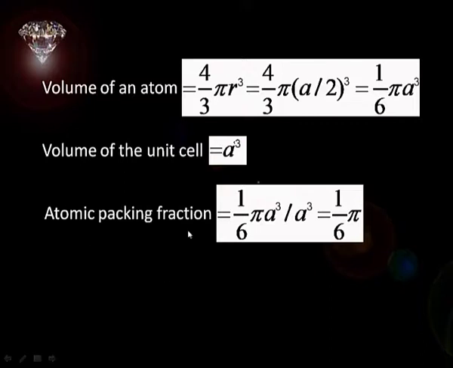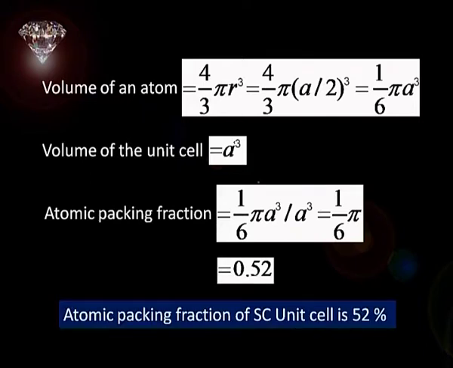So it is 1 by 6 pi A cube by A cube, the A cube cancels, and you get 1 by 6 pi, which works out to be 0.52. This implies that in a simple cubic system, the atomic packing fraction is 52% or 0.52. That means 52% of space is occupied by the atom, and the rest is void. So it is not a very densely packed system.